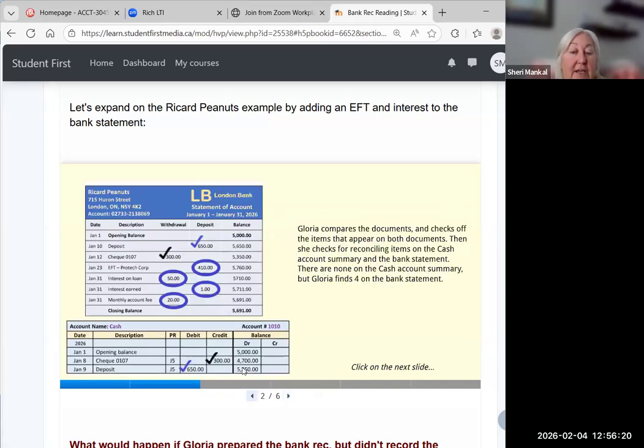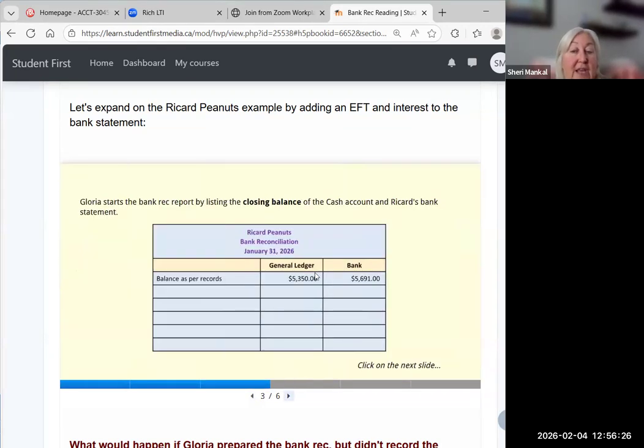Then if I look at my ledger, my books tell me that we should have $5,350. So I'm going to write that amount under the ledger, or I could put cash account here. Whatever you like, it doesn't really matter. This is your working paper. This is how much money we think we have in our cash account. This is how much money the bank thinks we have in our cash account.